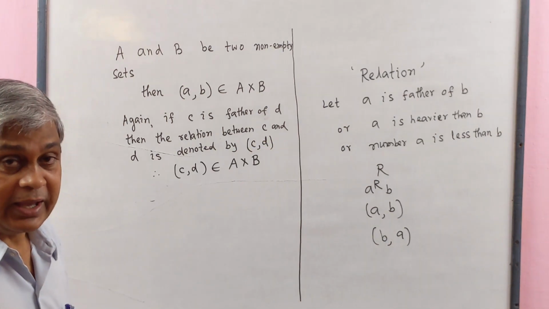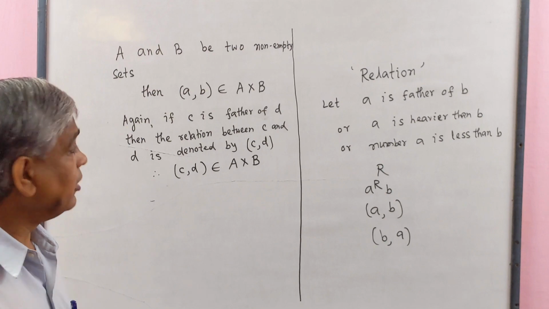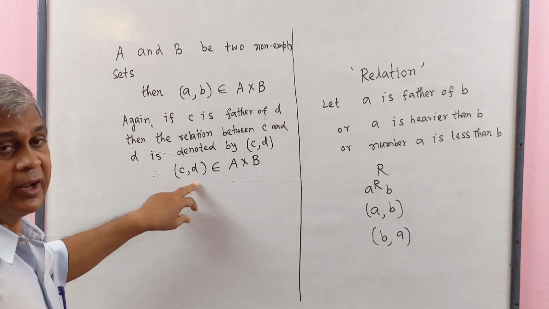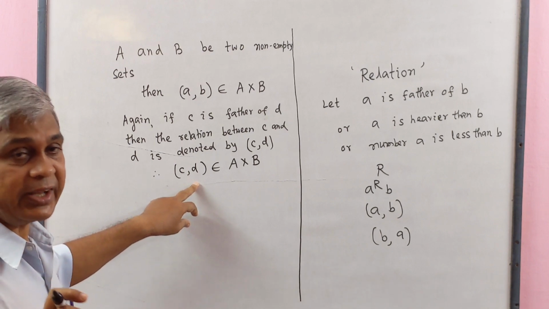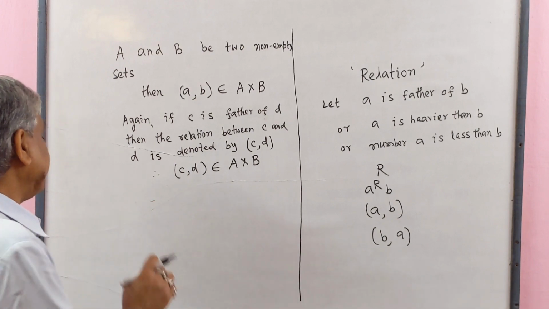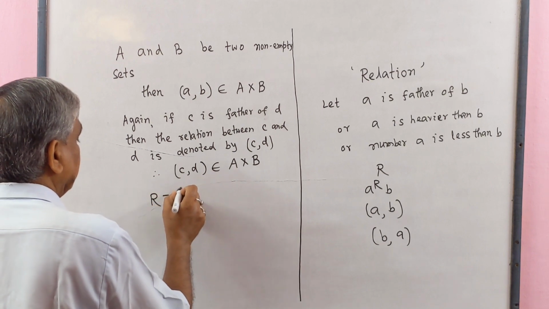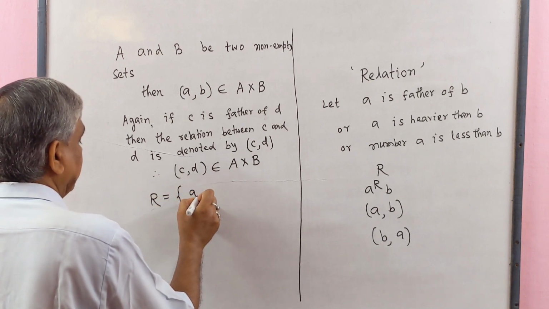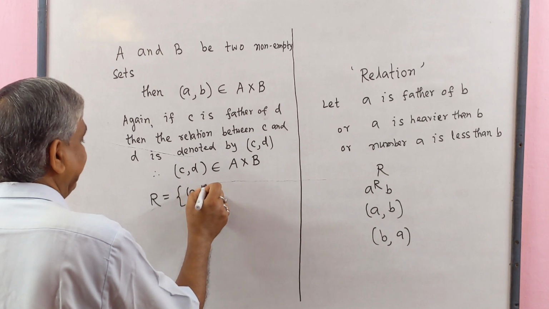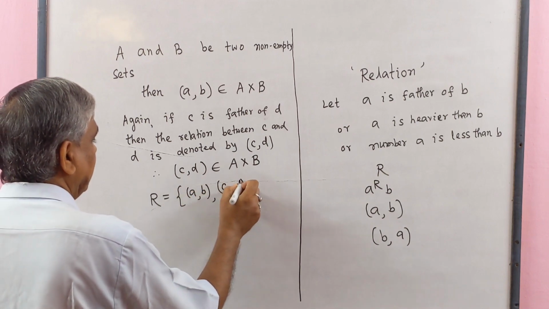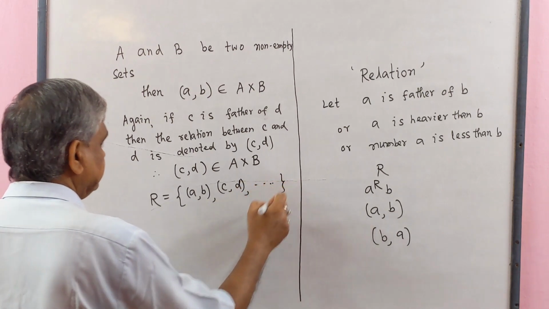In this way, if we collect all such ordered pairs and make a set, that set may be denoted by R, and R contains the ordered pair AB, the ordered pair CD, and so on.